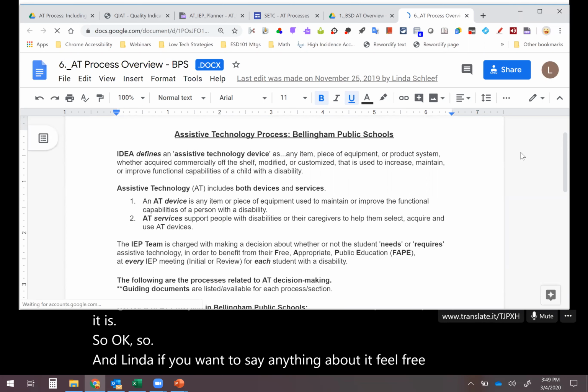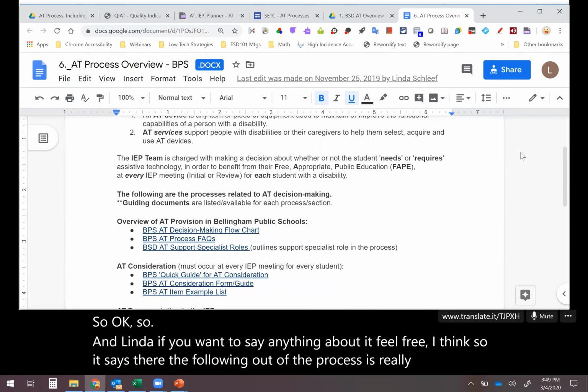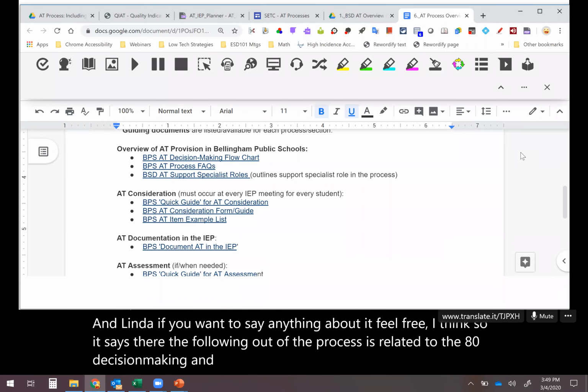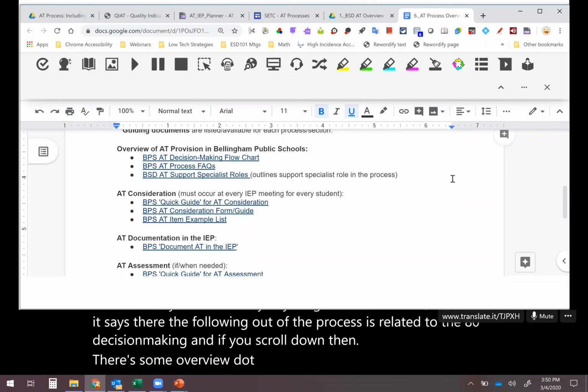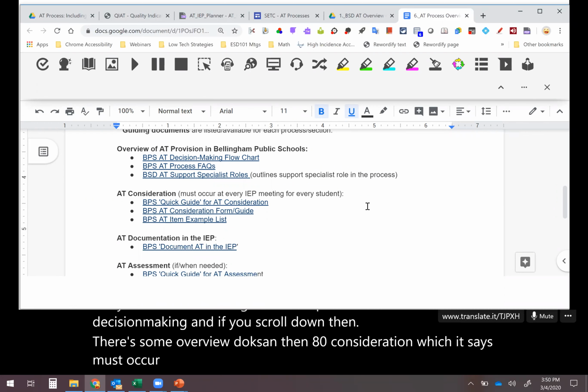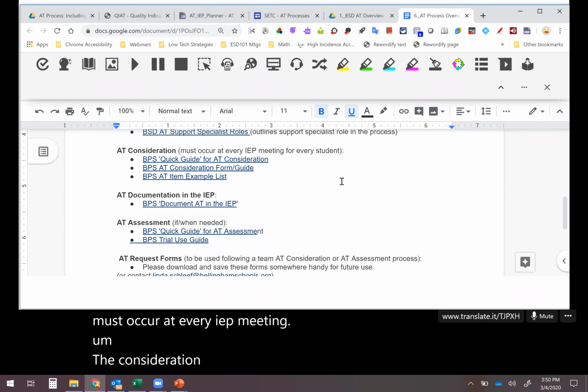Yeah, so it says there, the following are the processes related to the AT decision making. If you scroll down, there are some overview docs, and then AT consideration, which must occur at every IEP meeting. The consideration form is another example of where the process is kind of built in.